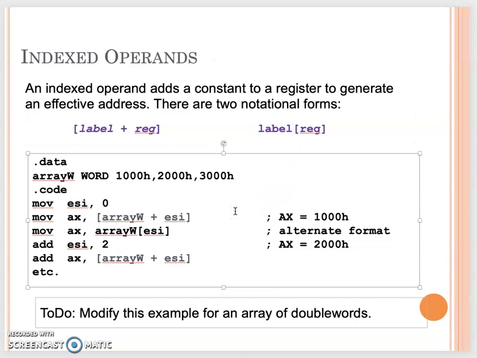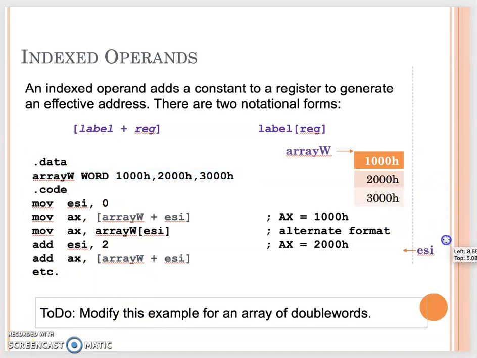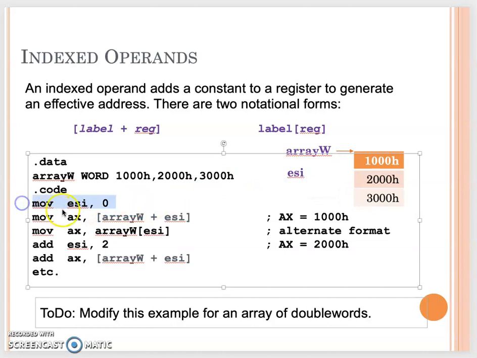Let's see what that means. Again, we have our array W, a word array. If you remember how the array looks, but now we don't do ESI yet. You have your array W. If we use this array W as the label, we are using index addressing. Now ESI does not really point to the location where array W is. Instead, ESI starts from 0. So you start with ESI equal to 0.